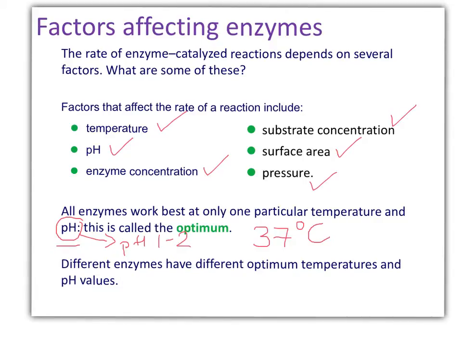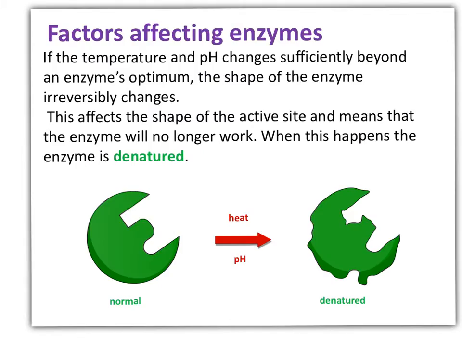Okay, so it's a little bit more in more detail. Basically, outside of their optimum, in extremes of temperature or extremes of pH, what can happen is the shape of the enzyme can be irreversibly changed.